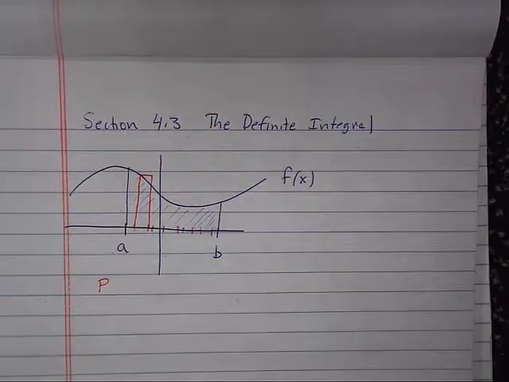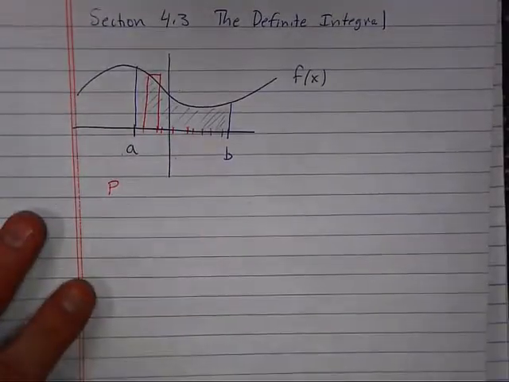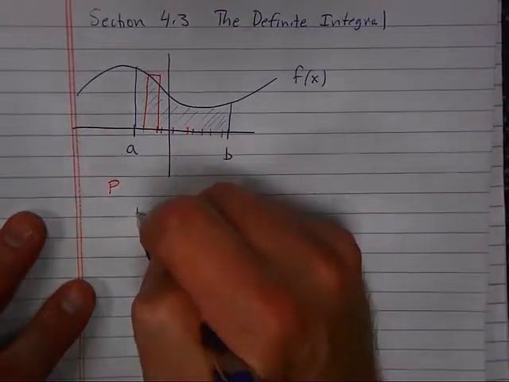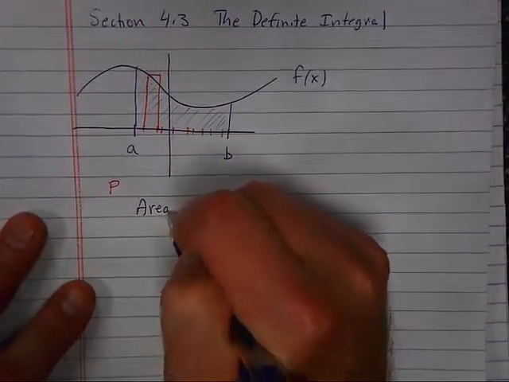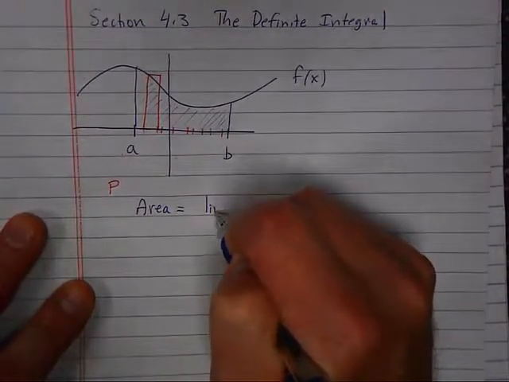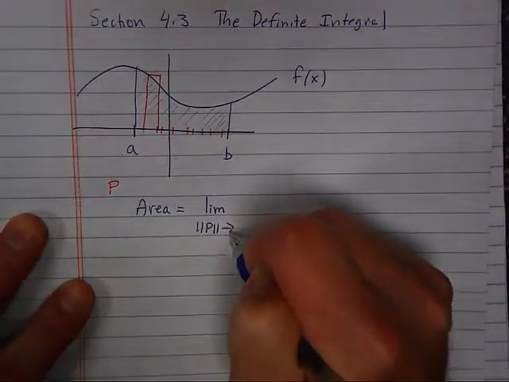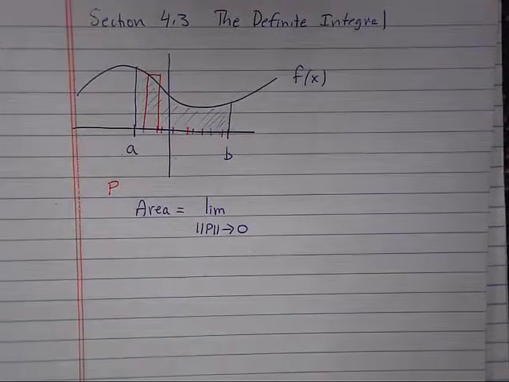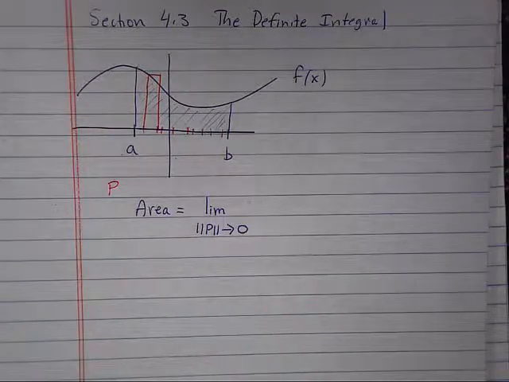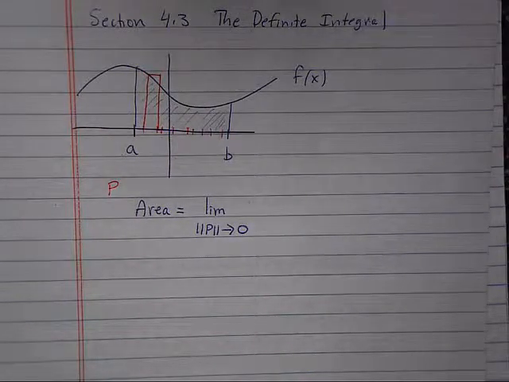Okay? So what you're going to see is, in this section, you're going to see area is the limit as, and then they use this symbol. And that symbol is read the norm of the partition P. It looks like absolute values, but it's got 2 bars instead.